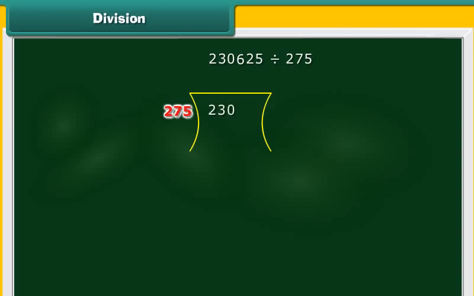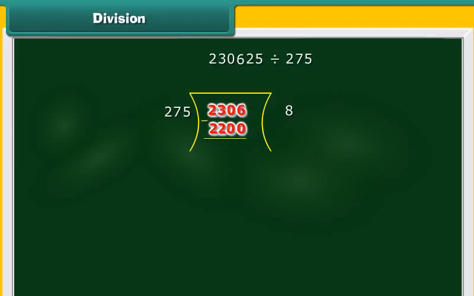Now consider the first four digits together. 2306. 2306 is big enough to hold 8 times 275. That is 2200. Therefore, write 8 on the right and 2200 beneath 2306.